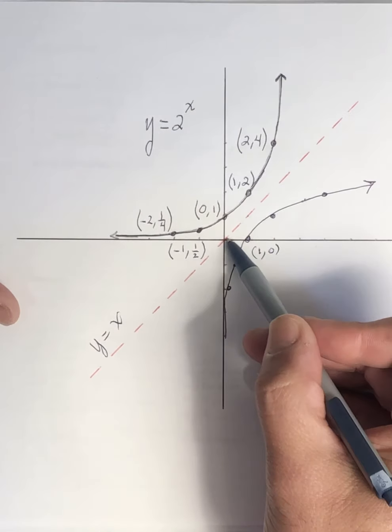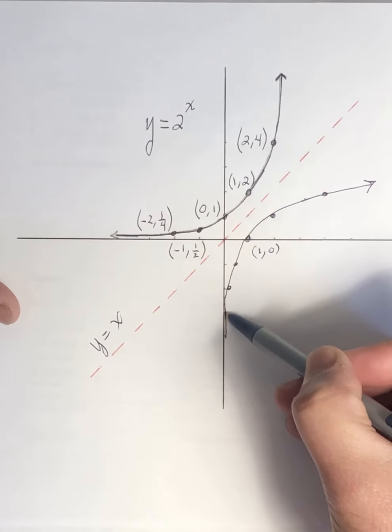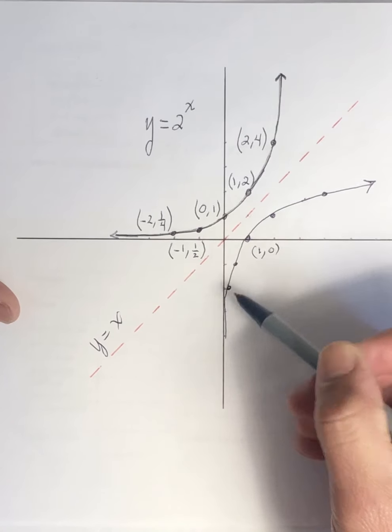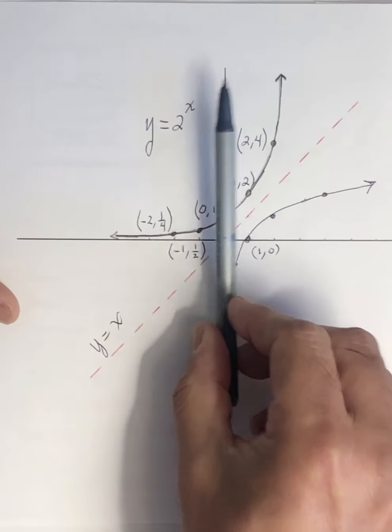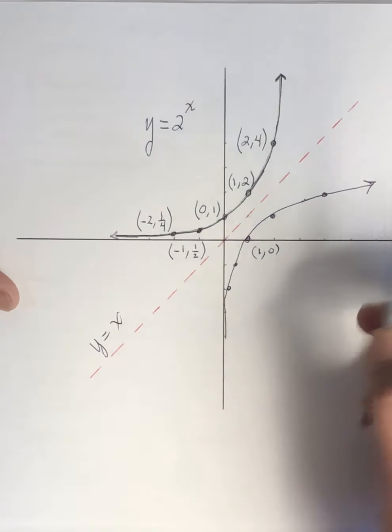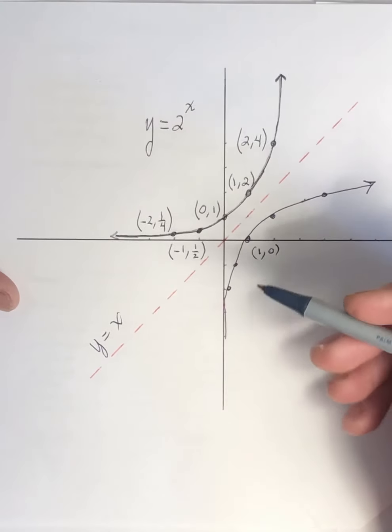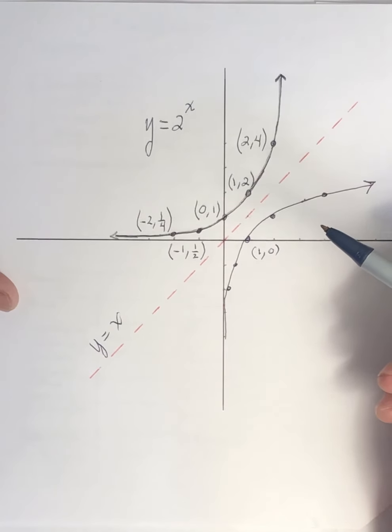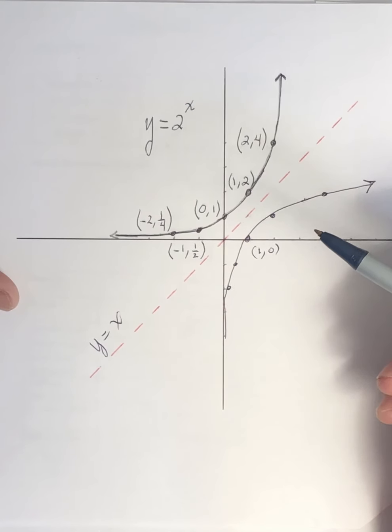As we get closer to 0, this curve gets closer and closer to this line x is equal to 0. So we call that a vertical asymptote, right?